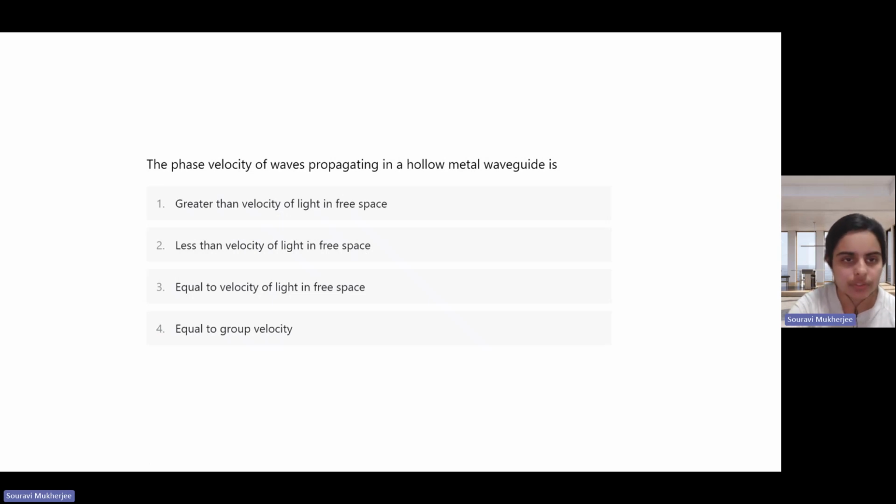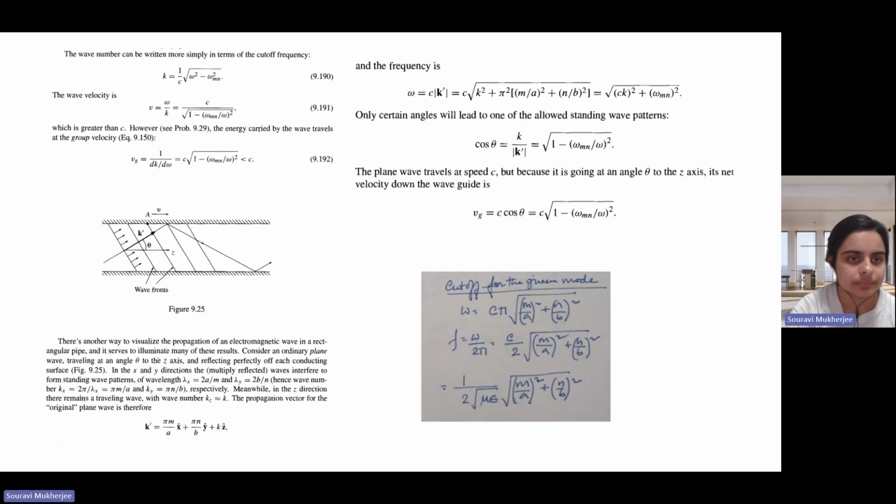And if you remember, what we saw here is that the wave velocity, which is actually the phase velocity, is greater than c, right? And this in a way also tells us how the wavelength inside a waveguide will differ from the free space wavelength, right?